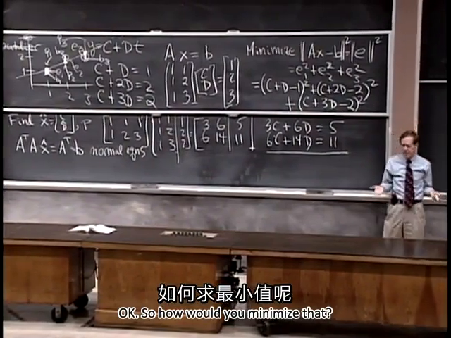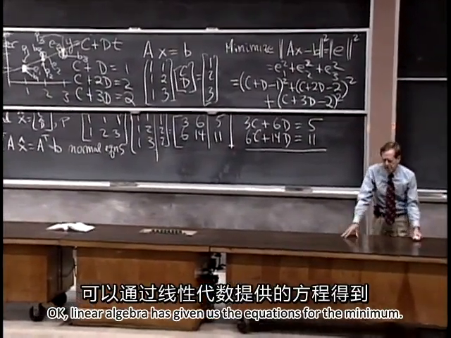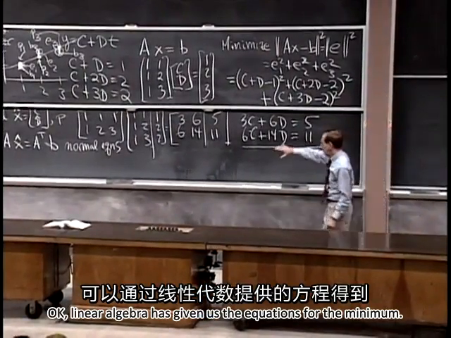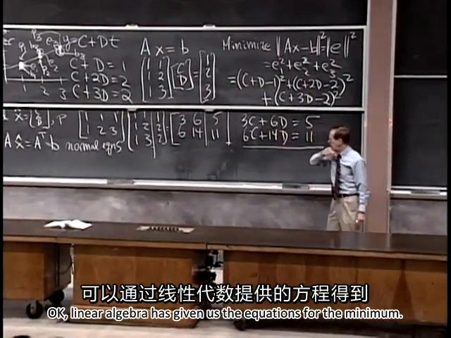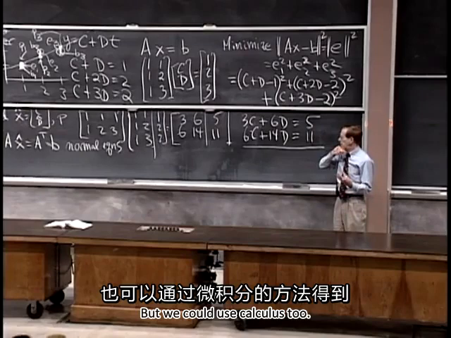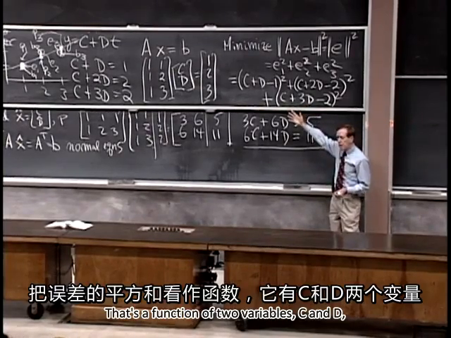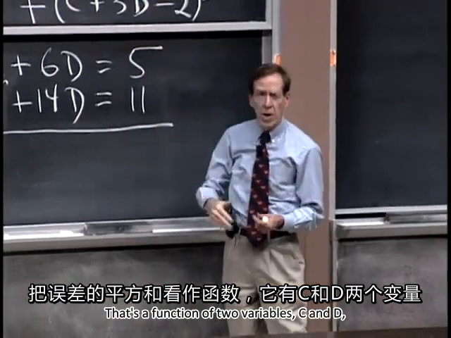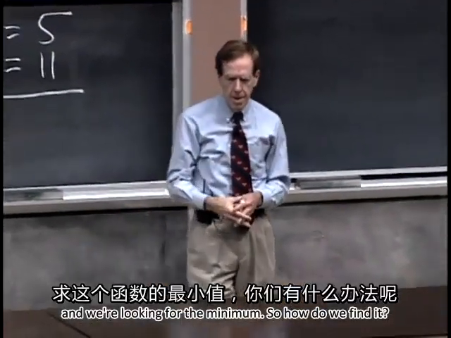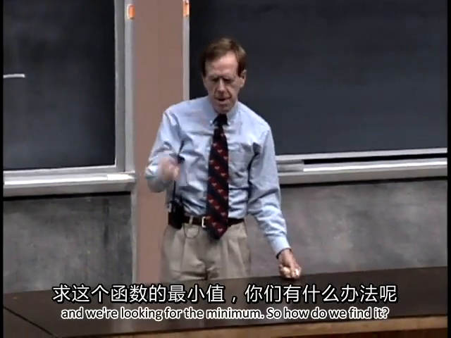How would you minimize that? Linear algebra has given us the equations for the minimum, but we could use calculus too. That's a function of two variables, C and D, and we're looking for the minimum.